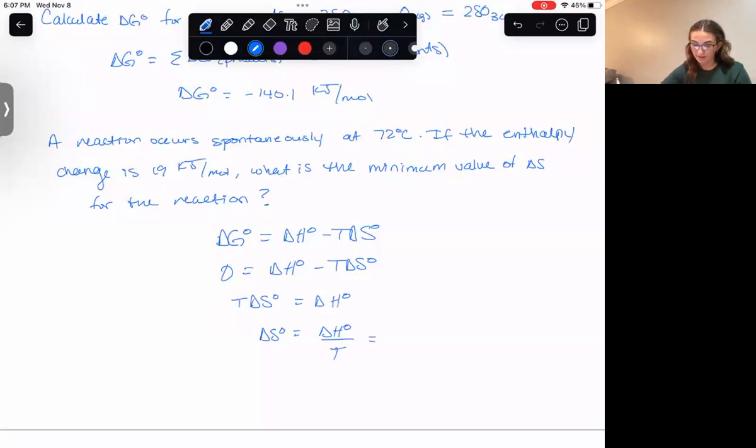We know that enthalpy is 19 times 10 to the 3 joules per mole. And temperature, we have to convert to Kelvin. I don't have my calculator on me.